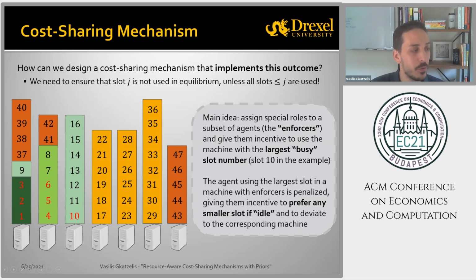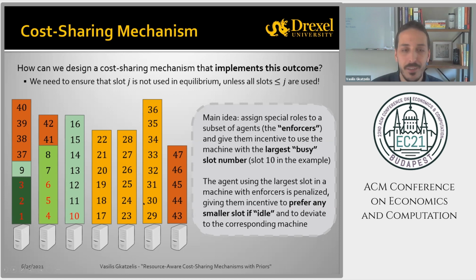So in other words, if the enforcer goes there, then all the regular agents that are on the same machine, all the non-enforcers, are going to be penalized so that their cost is so much larger that they would prefer, if 7, 8, or 9 is still available, to move to a smaller idle slot if one is available.